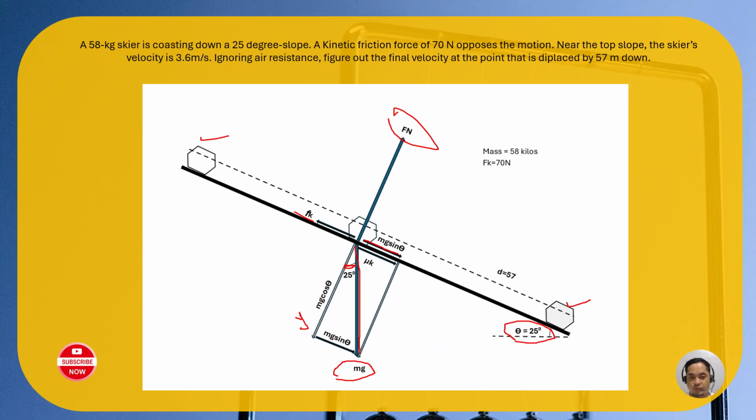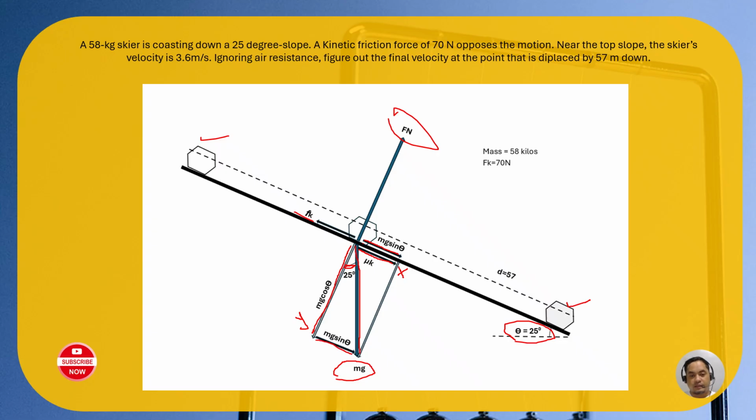Here is the y component of the mg force, and this is going to be the x component of the mg force. If you notice, the y component of the weight force carries the cosine theta because it's adjacent to the angle. And the opposite side here will carry the sine theta.